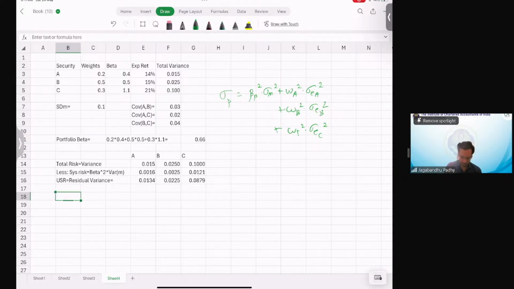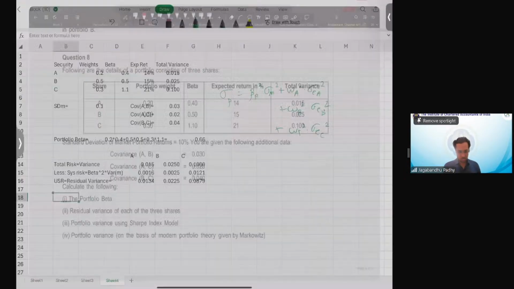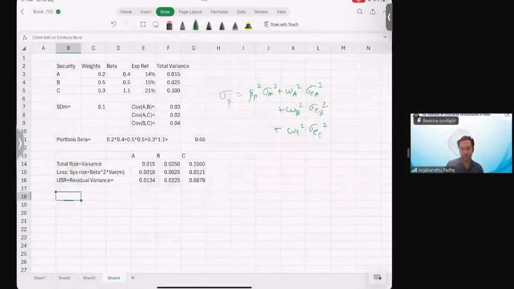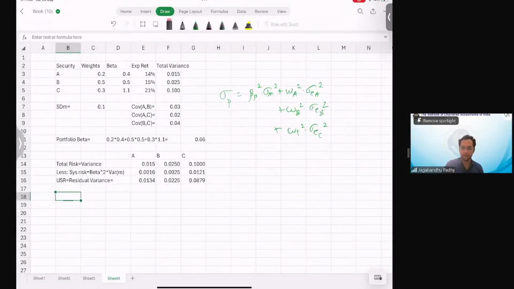So this is the variance of portfolio using the Sharpe model. It will be beta of portfolio square. Now beta of portfolio is 0.66.